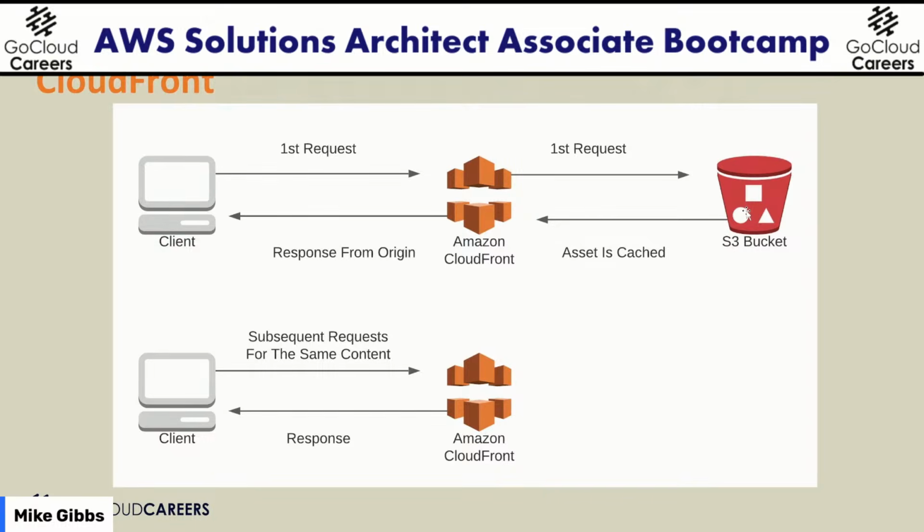CloudFront doesn't have it. It's called a cache miss. CloudFront sends the request to the S3 bucket. The S3 bucket answers, sends the asset to CloudFront. Now another user on the bottom wants to get that website or that image or whatever it is, and CloudFront responds. So that's how it enhances scalability.